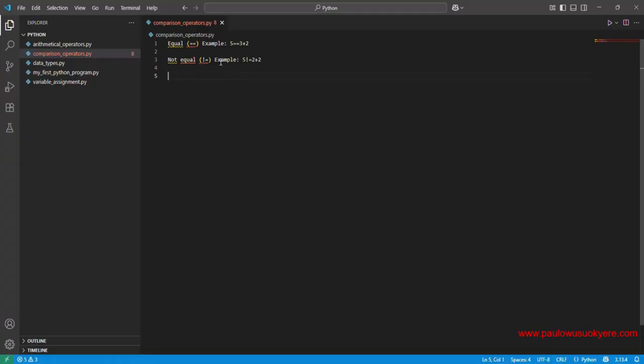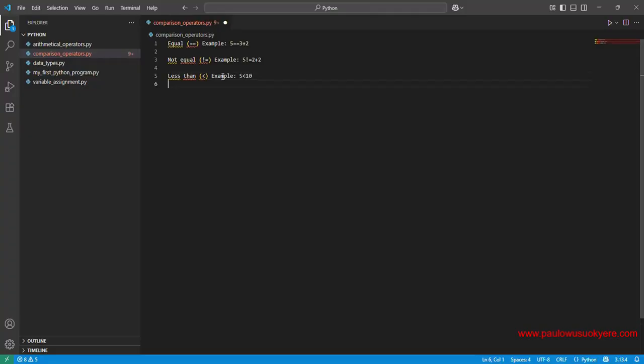And then the next operator is less than, which is this. For example, you can say 5 is less than 10.